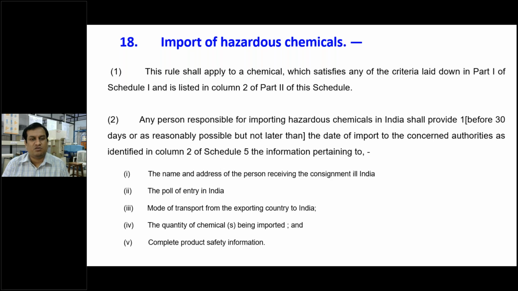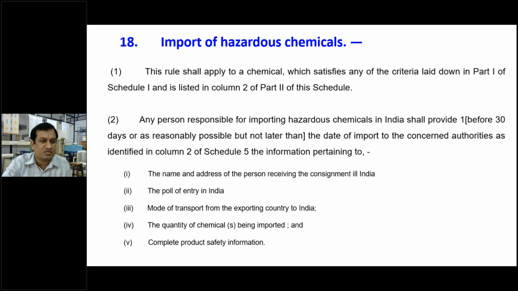Any person responsible for importing hazardous chemical in India shall provide detailed information like the name and address of the person receiving the consignment in India, the port of entry in India, the mode of transport from the exporting country to India, the quantity of chemical being imported, and complete product safety information.